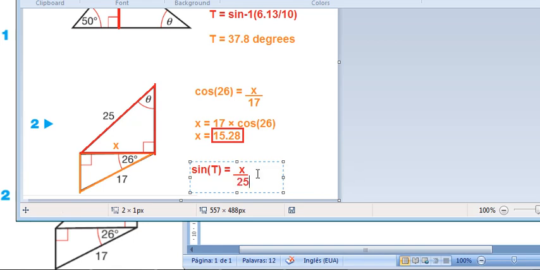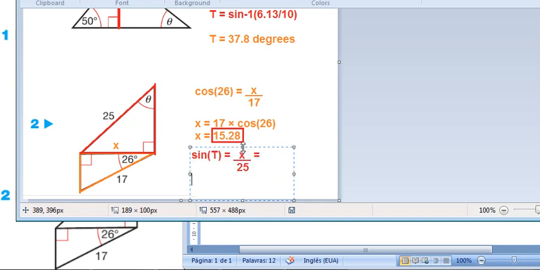And the next step of this equation is, just increase the size here. Oh sorry, let's replace x here by 15.28.